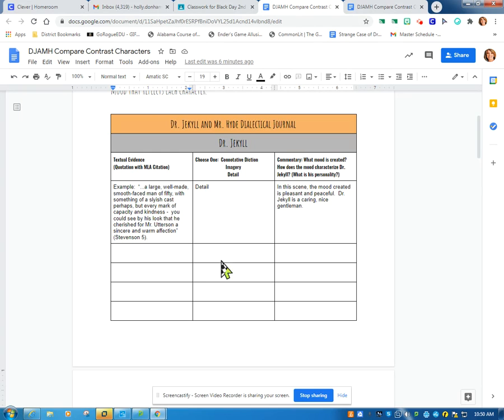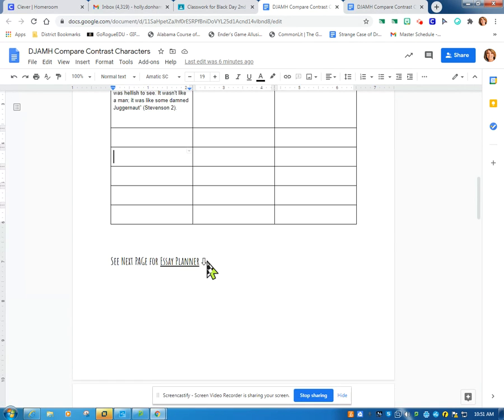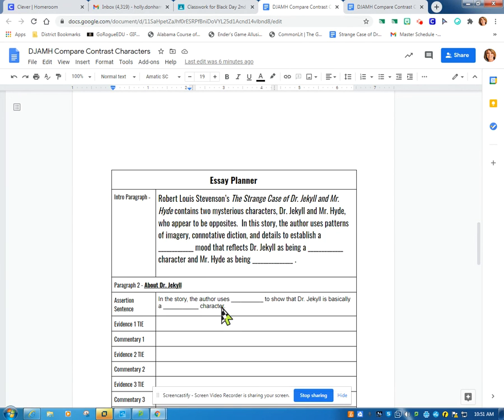Do you have mostly details that you're using, or imagery, or diction? Okay, you're going to need to know that from the second column to be able to fill out this first part on the assertion. So here you're either going to put diction, details, or imagery in those blanks based on what you have on your chart.